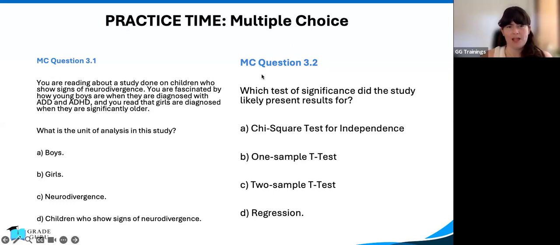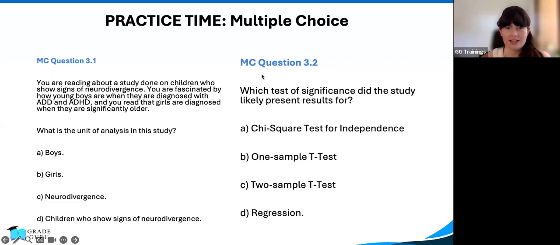So at the very least, you should have been able to recognize that what they've done is they've compared boys and girls. Okay, so a comparison between two categories. Instantly, that's the two sample t-test. But you can also do it by procedure. There's two variables. One of them is nominal because it's gender, and there's two categories.